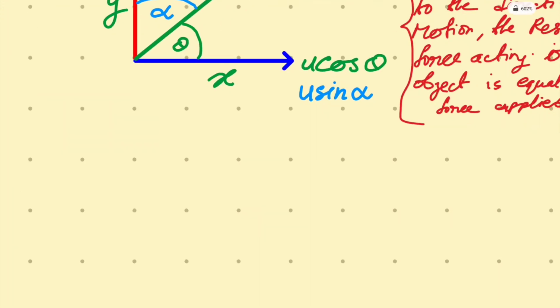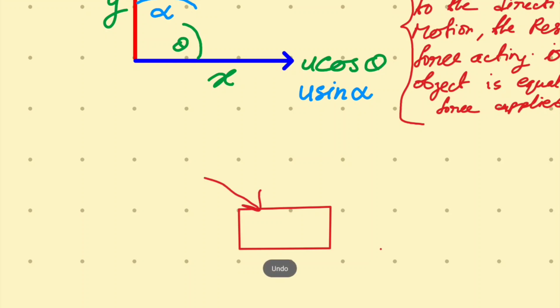Now, if I take an object and I apply a force in a direction, let's say there is a horizontal table on which the object is sitting.